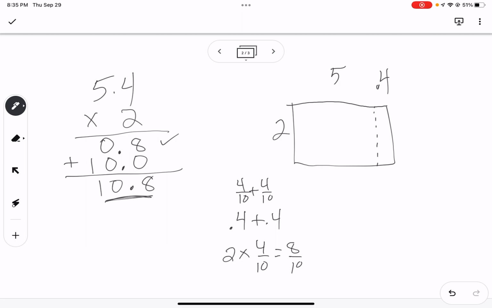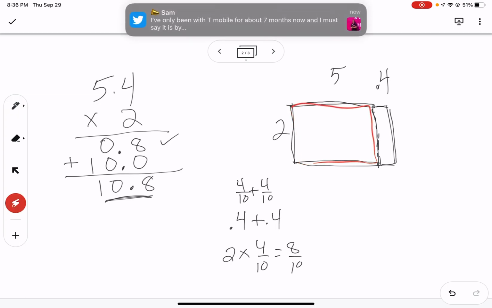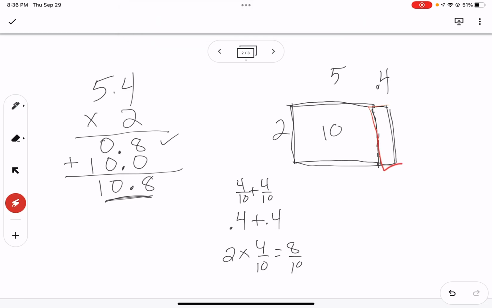Okay, now let's take a look at the area model. Area models are nice because they use dimensions and space to multiply, right? So I can do this as 2 times 5 for this space here. Let's highlight that. I'm looking at this space here only, and that is 2 times 5, which is 10. And then I'm going to focus on this space here, which is also a height of 2, but this time it's only a length of 4/10.